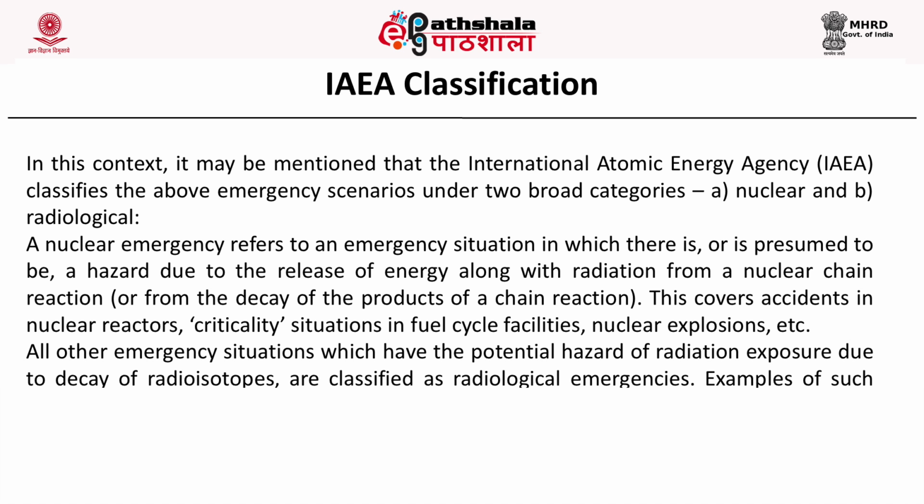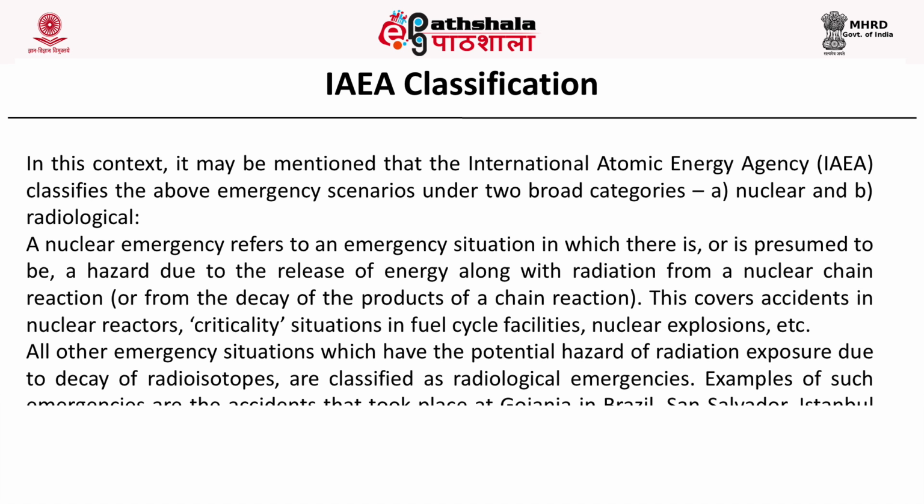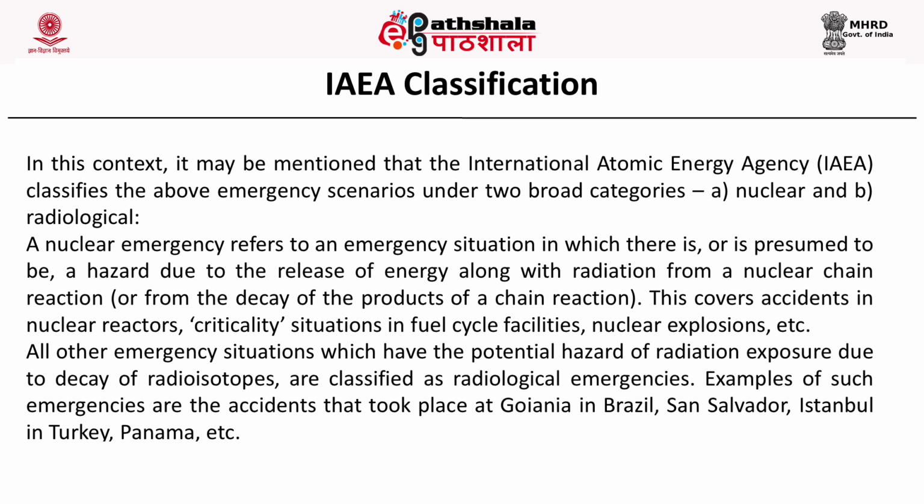All other emergency situations which have the potential hazard of radiation exposure due to decay of radioisotopes are classified as radiological emergencies. Examples include accidents that took place in Brazil, San Salvador, Istanbul in Turkey, Panama, etc.